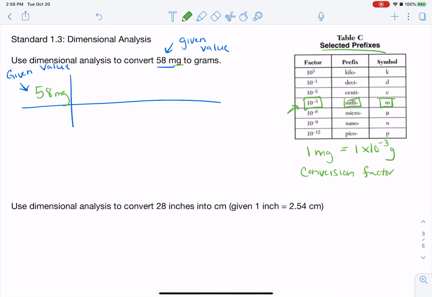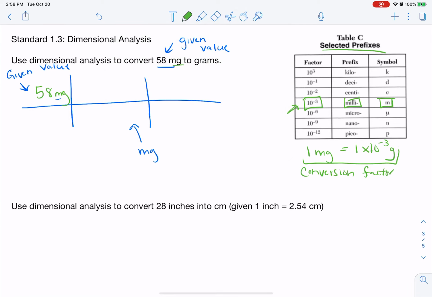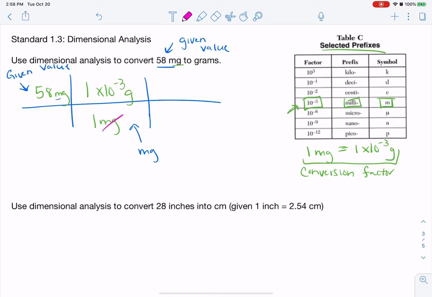Okay. So now, on the bottom here, we need milligrams to cancel. So we need milligrams to be here. So that means I have to look at this and I say, okay, I have 1 milligram. And then whatever 1 milligram is equal to, that's what's going to go on the top. 1 times 10 to the negative third gram. And now we're going to see that milligrams is on the bottom and the top, so it cancels.